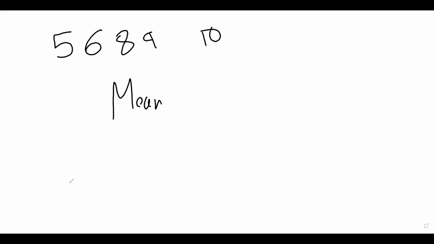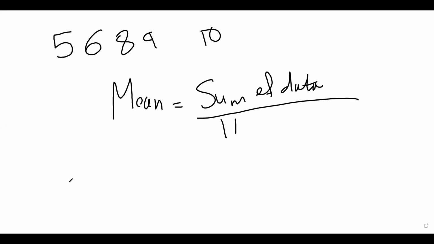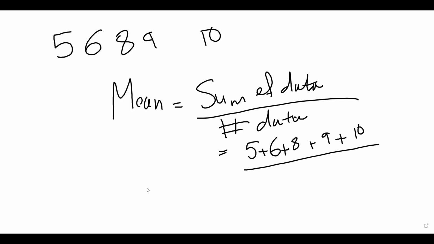The mean is the summation of the data over the number of the data. The summation here, you just add the numbers: 5 plus 6 plus 8 plus 9 plus 10, over how many numbers we have. We count the numbers: 1, 2, 3, 4, and 5. So we have 5 numbers.